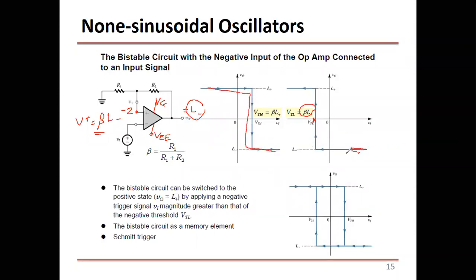When you go back, you don't trace the same path. In the backward direction, you go this way. So this is the overall transfer characteristic, and this part here we call hysteresis. So you have a comparator with hysteresis.